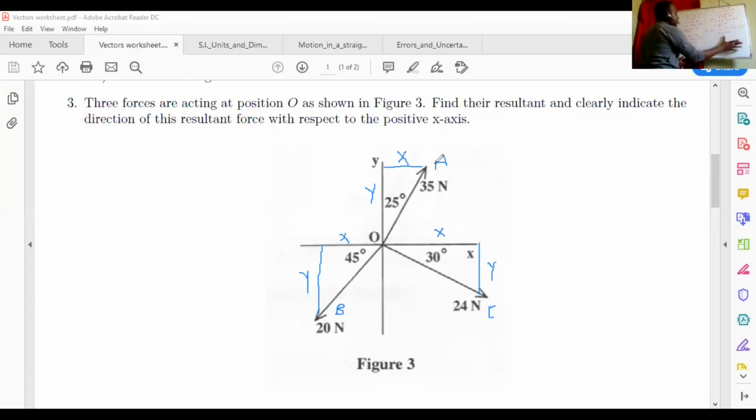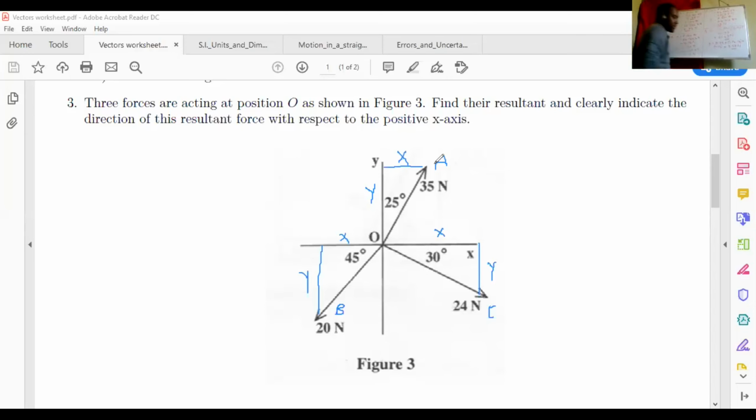So 21.43 newtons, right? And then your Y component would be 31.72 plus negative 14.14 plus negative 12, which we get 5.58 newtons.